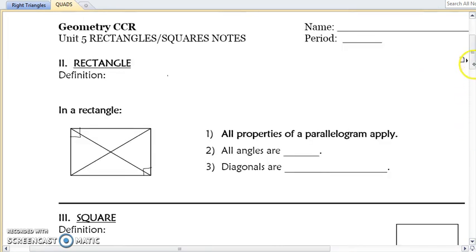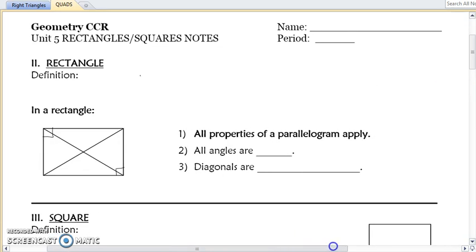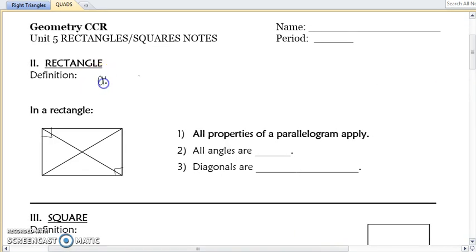So back to our notes. With a rectangle, our definition is just an equiangular parallelogram.